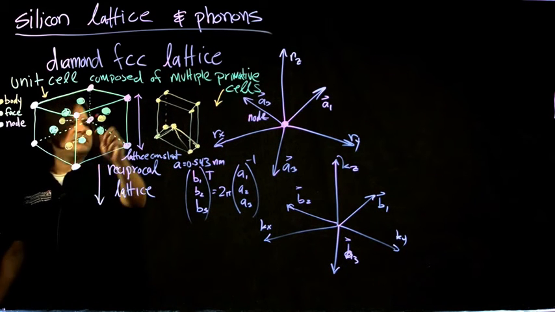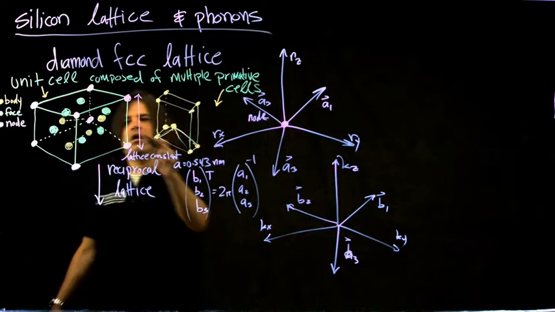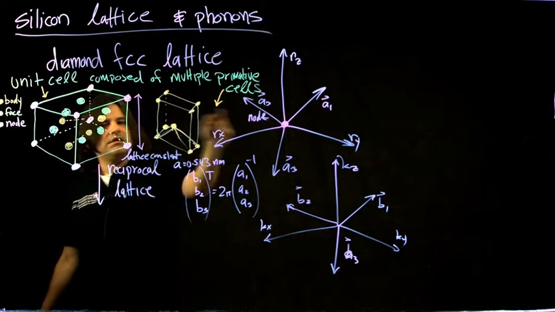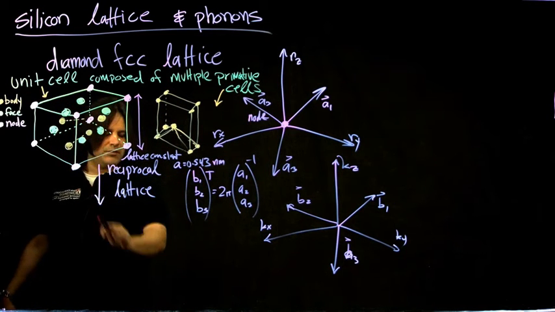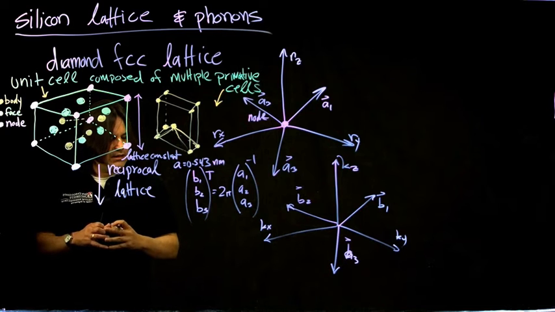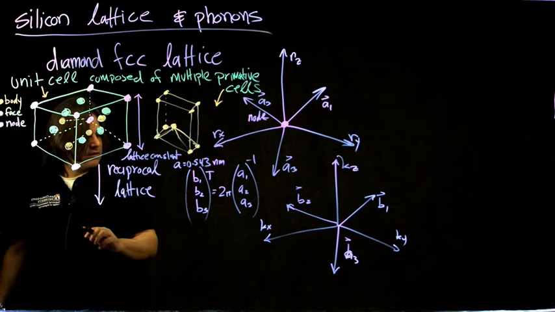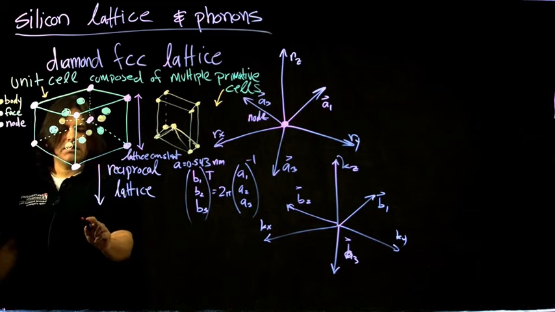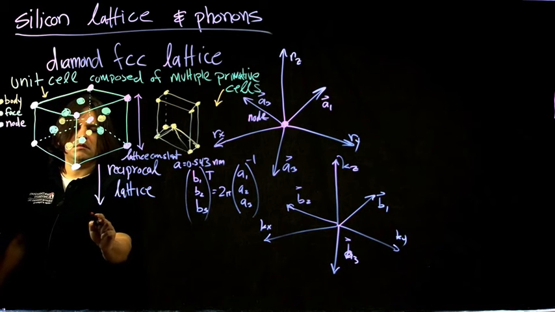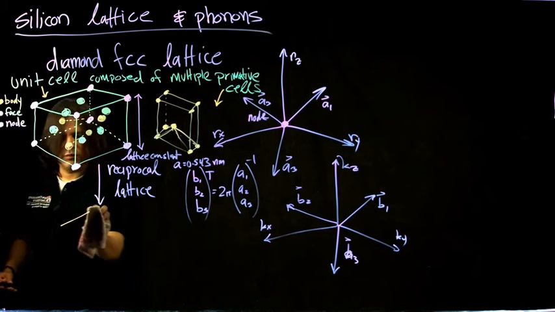So now the center of this axis is no longer one of the nodes like this. The center of the reciprocal space is in the body, and the way that would look would be something like this.